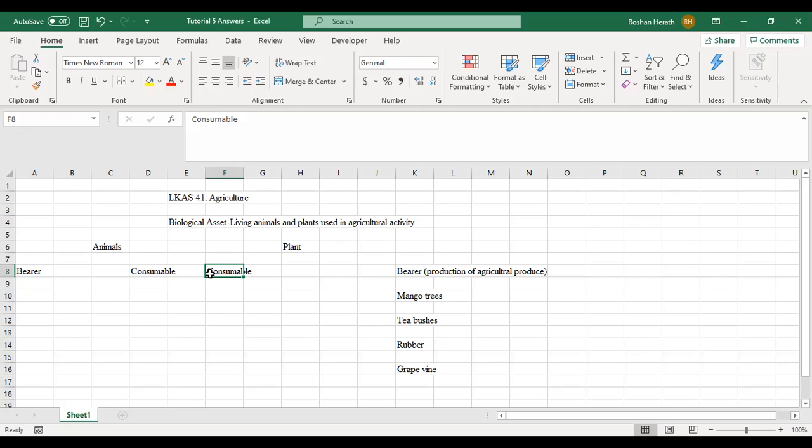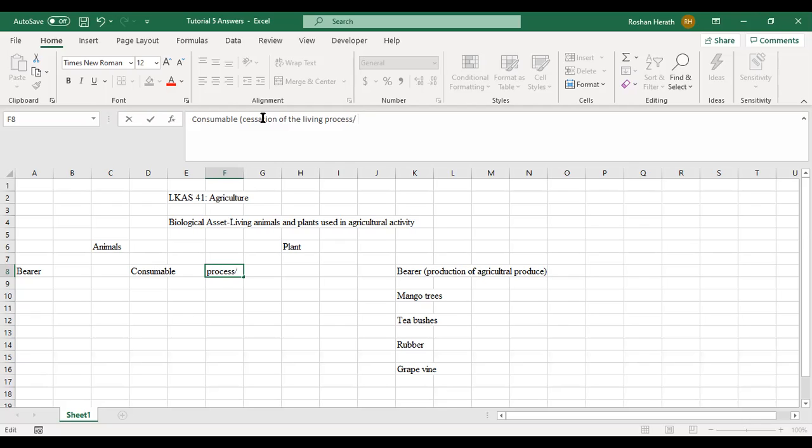In the sense that that is going to be the end of the living process, or we call it technically the cessation of the living process. So when it comes to the consumable plant, when it becomes mature, it becomes what? The cessation of the living process, and the plant itself becomes the agricultural produce.